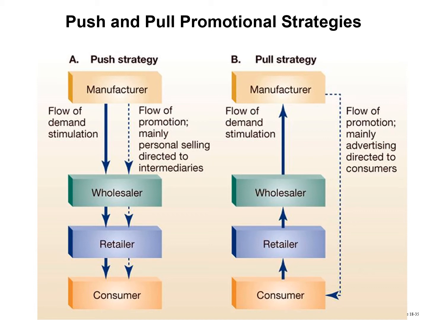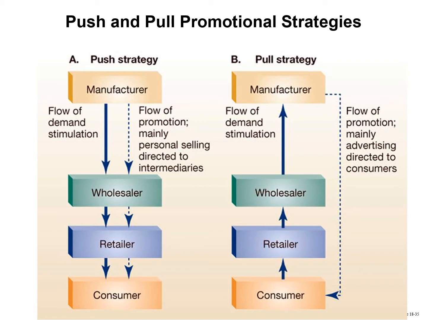And in pull strategy, the dotted line again goes from manufacturer to consumer. So your flow of promotion goes from manufacturer to consumer. You're going to promote through advertising mainly to the final consumer. And then the flow of demand comes back in the opposite direction, where the consumer demands the product from the retailer, the retailer demands it from the wholesaler, and the wholesaler demands it from the manufacturer.